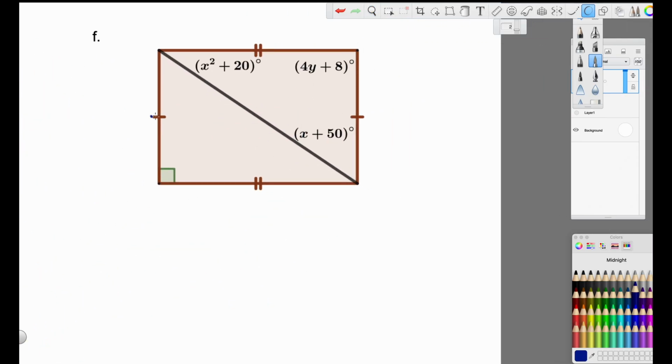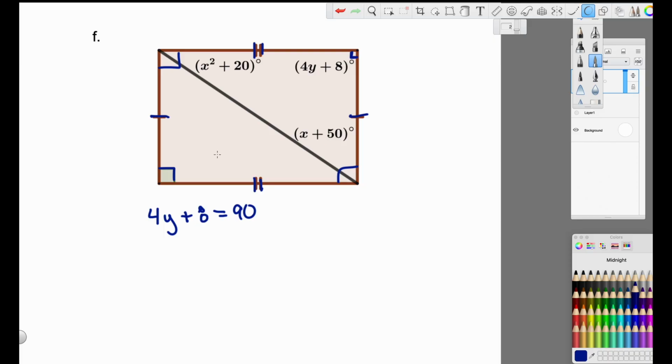We have opposite sides are congruent. So this has to be a parallelogram with that, right? But if this angle is 90, it's going to make this angle 90 because opposite angles are congruent, which makes these two angles 90. So already we know that 4y plus 8 has to be 90.